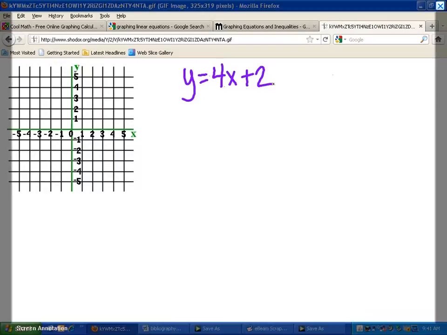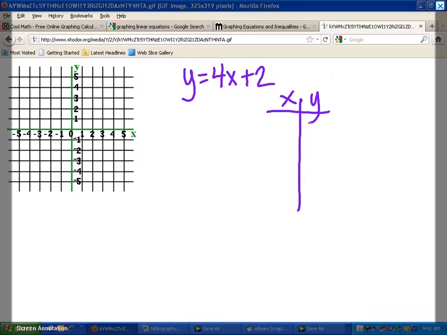Graph using the intercepts means graph using 2 points, the x-intercept and the y-intercept. So if I make my traditional XY chart, which we've been doing, what am I going to plug in to make sure that I get 2 points that are the intercepts? -1, 0, 1? Nope, it's not going to give me the intercepts.